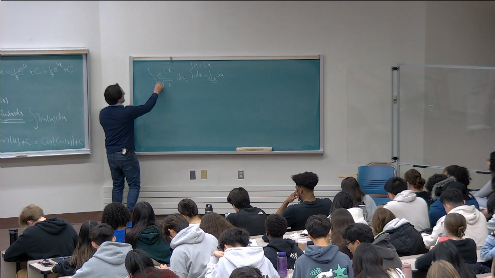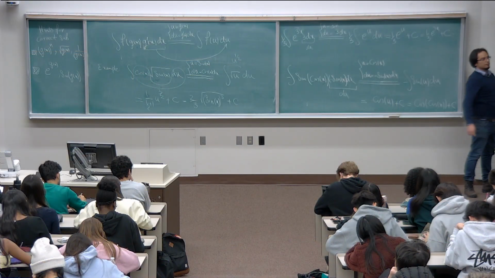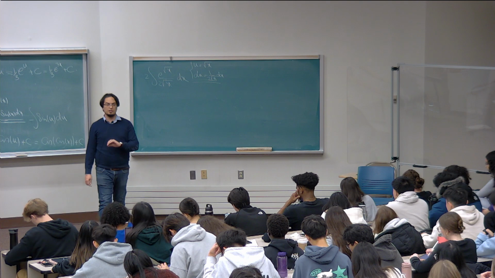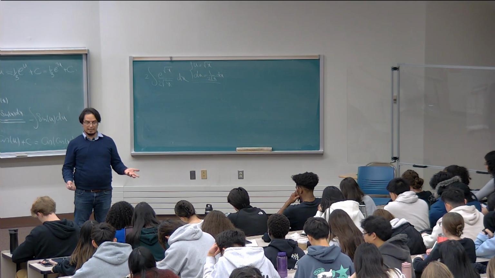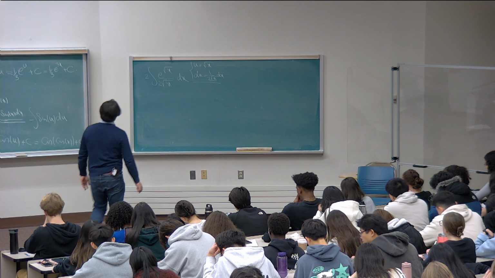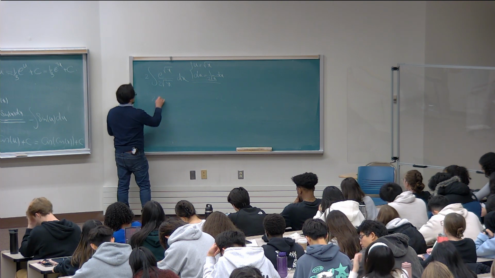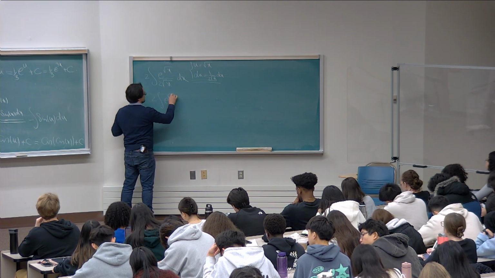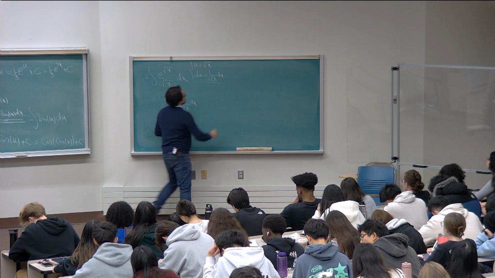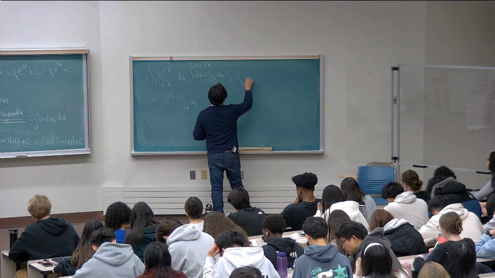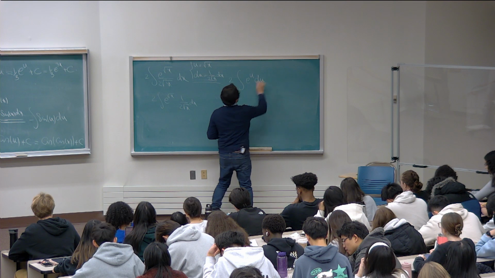I can multiply it by 2, multiply the denominator by 2, multiply the whole integral by 2. They will cancel out. Now, what I see is this, 2 integral of e to the power root x times 1 over 2 root x dx, which will give me 2 integral of e to the power u du.